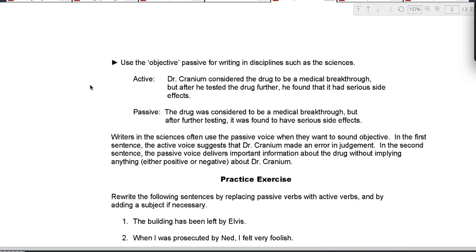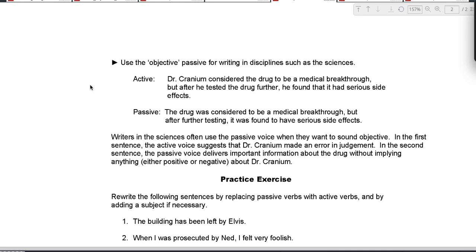Use the objective passive for writing, in disciplines such as the sciences. So Dr. Cranium considered the drug to be a medical breakthrough. But after he tested the drug further, he found it had serious side effects.